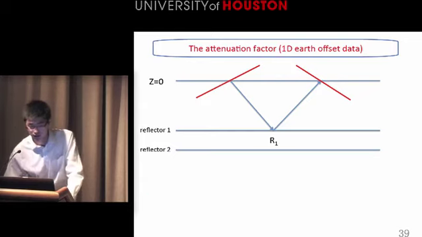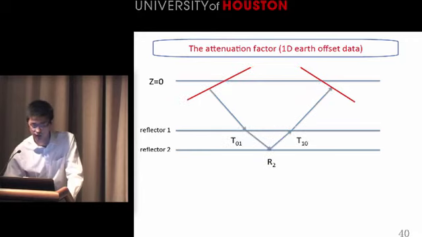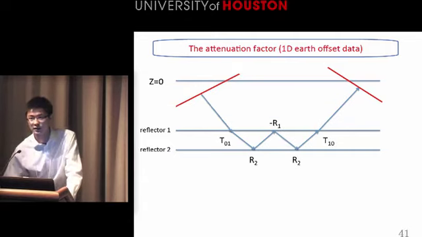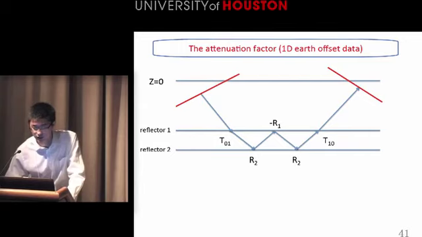And in this example, here is the first primary in the Fourier domain. And here is the second primary in the Fourier domain. It also has 2 transmission coefficients and a reflection coefficient, but all the transmission and reflection coefficients are angle dependent. And here is the first primary generated, shown in the Fourier domain.